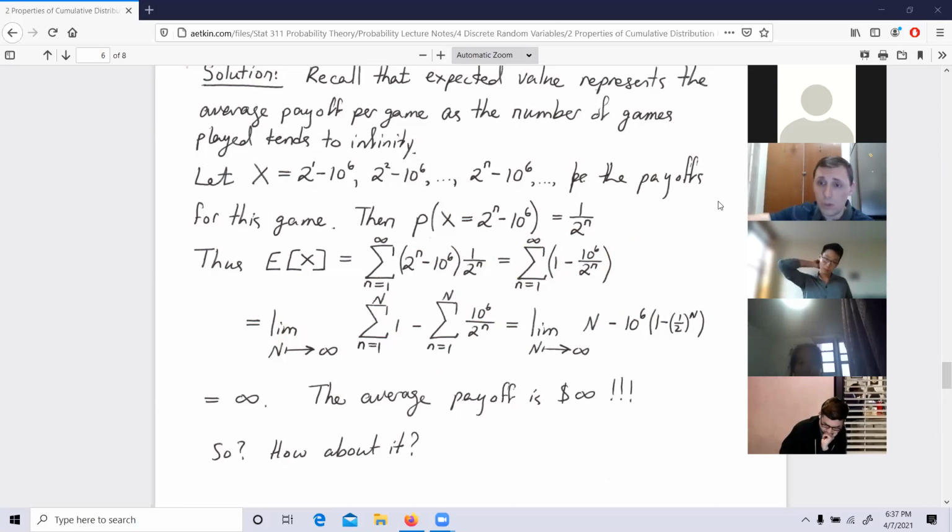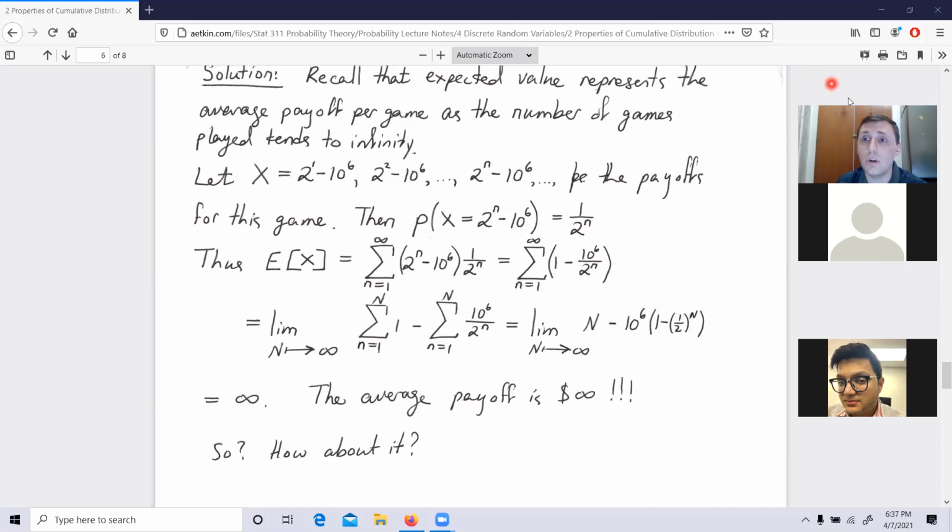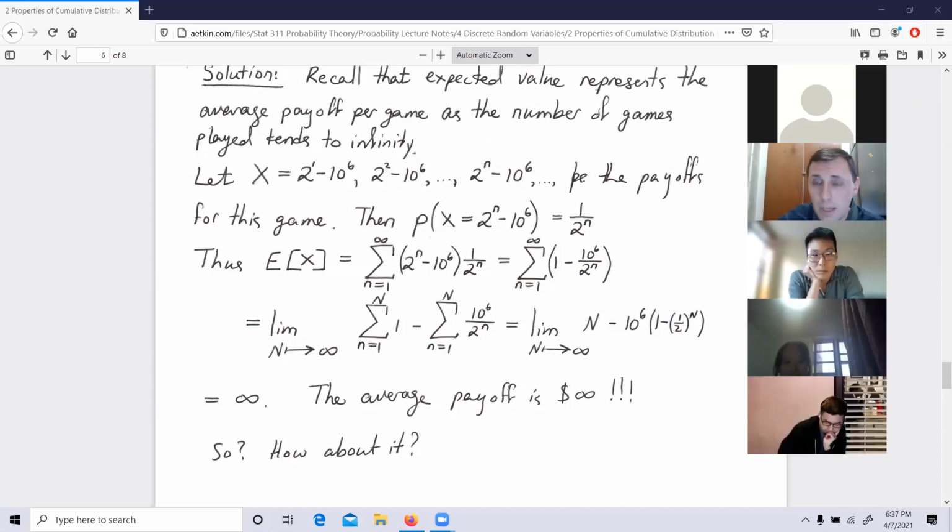So as you play more and more games, you will start to earn more and more money per game. You understand? If you play lots and lots of games, you will start earning money. And then you see that your average per game is not even a stable positive number. It's going to approach infinity per game. You understand? So on average, if you play this game, you win infinitely many dollars.